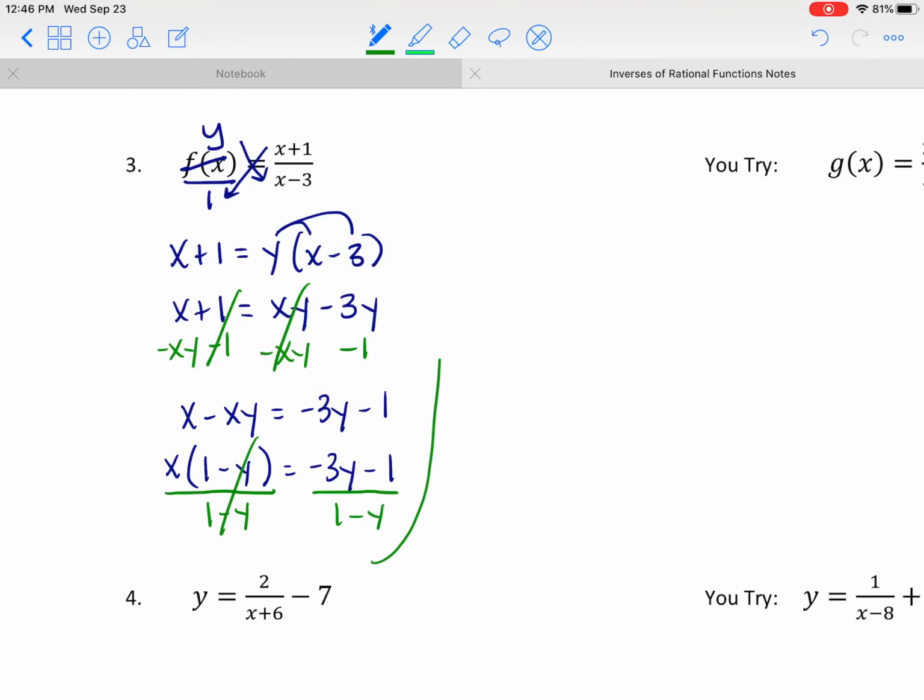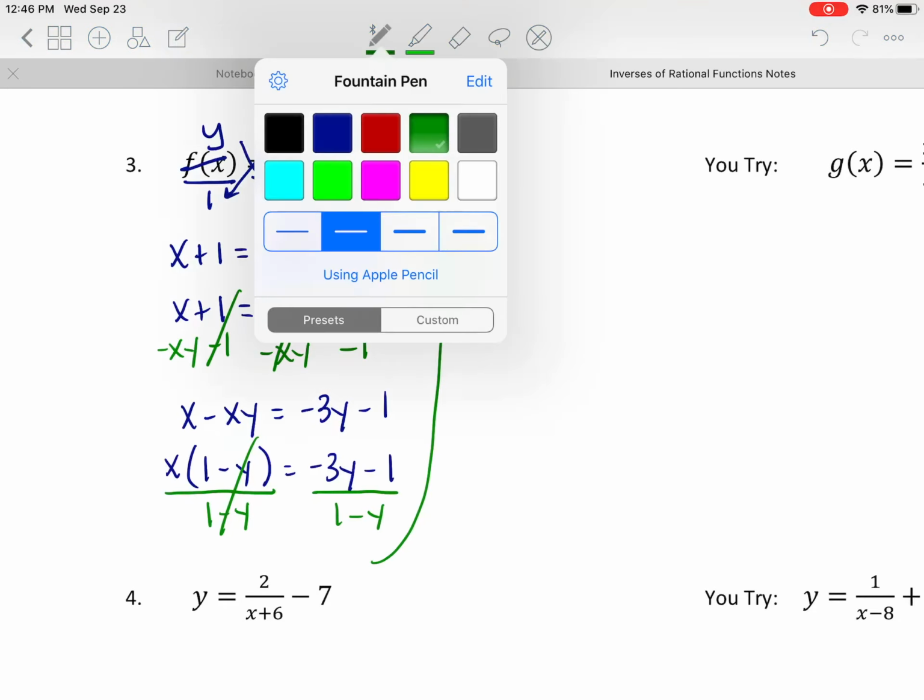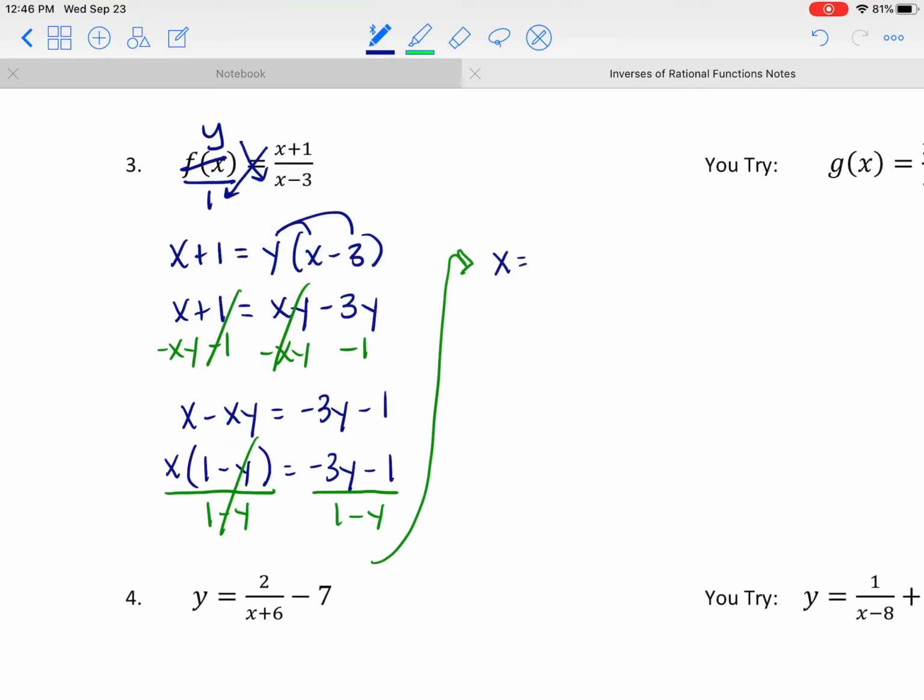So that cancels, and that leaves me x all by itself equal to negative 3y minus 1 over 1 minus y. Now I want to switch the x and the y. So y equals negative 3x minus 1 over 1 minus x.